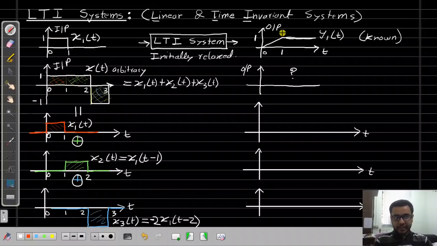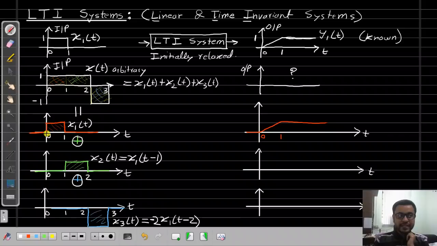This is already known, that for x1(t) the output will be like this: 0, 1 and so on. Now how will the output for x2(t) look? Note that x2(t) is a delayed version of x1(t), and this is a time invariant system.